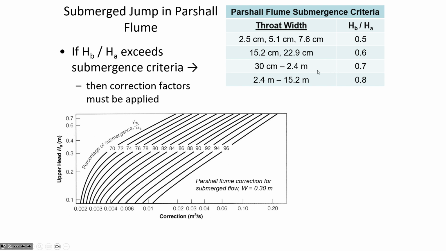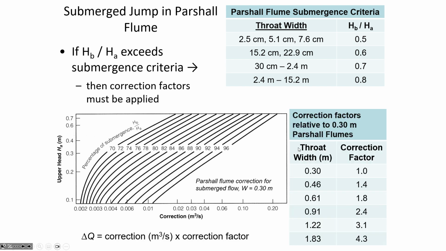You'll notice, for example, this throat width of 30 centimeters all the way up to 2.4 meters. That's a really wide range of flume sizes. If you only have the correction table for a throat width of 0.3, but your actual flume throat width is different, then we have a way of extrapolating to the actual flow conditions with this correction factor.